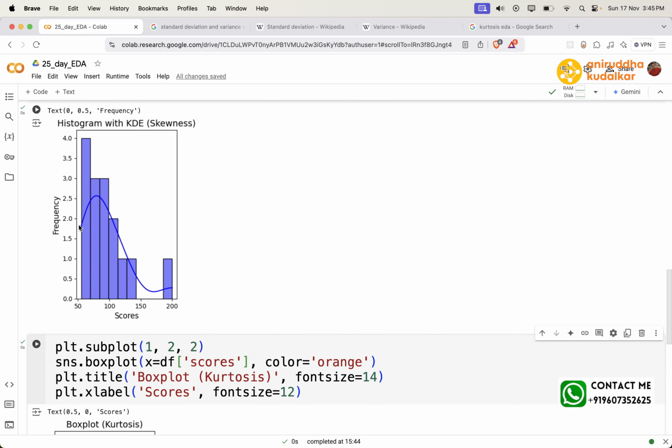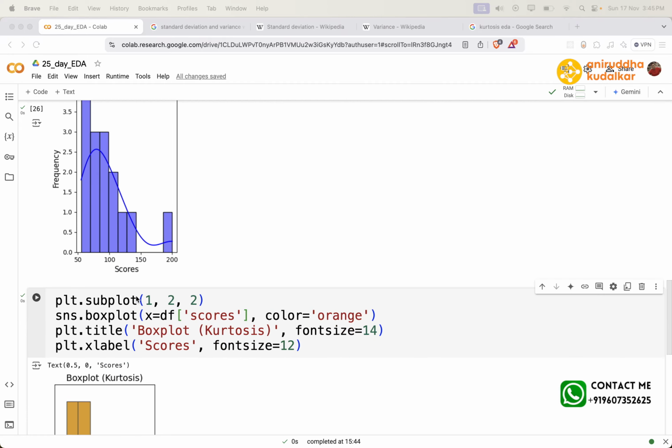Here you can see the distribution of the data, the histogram, and it represents the skewness. It's positive skew. Why?